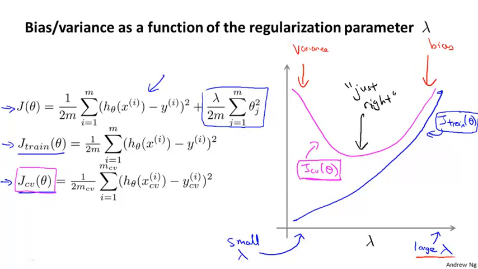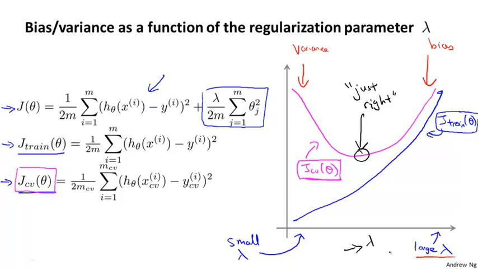The curves I've drawn here are somewhat cartoonish and somewhat idealized, so on a real data set, the curves you get may end up looking a little bit more messy and a little bit more noisy than this. For some data sets, you will really see these broad sorts of trends, and by looking at the plot of the holdout cross-validation error, you can either manually or automatically try to select a point that minimizes the cross-validation error and select the value of lambda corresponding to low cross-validation error.